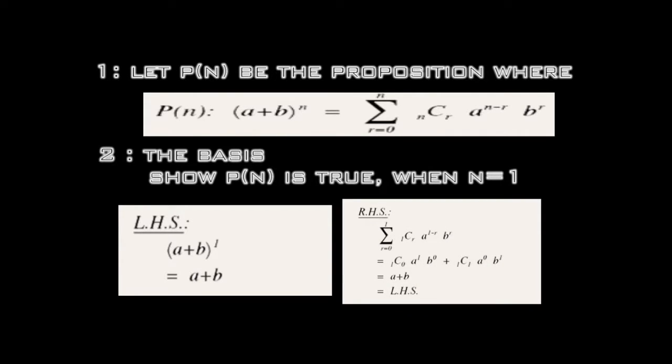Right hand side is equal to the summation of r equal to 0 to 1, 1 taken r times a raised to 1 minus r times b raised to r, is equal to 1 taken 0 times a raised to 1 times b raised to 0, plus 1 taken 1 times a raised to 0 times b raised to 1, which is equal to a plus b, which is equal to left hand side. Therefore, P(n) is true when n is equal to 1.